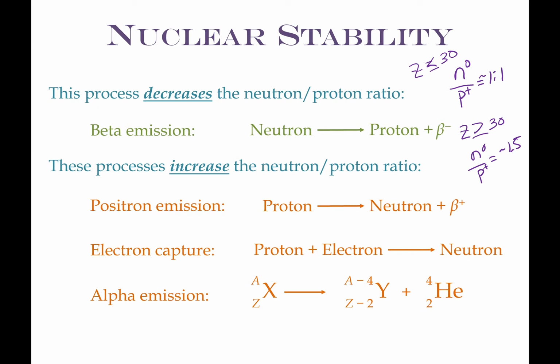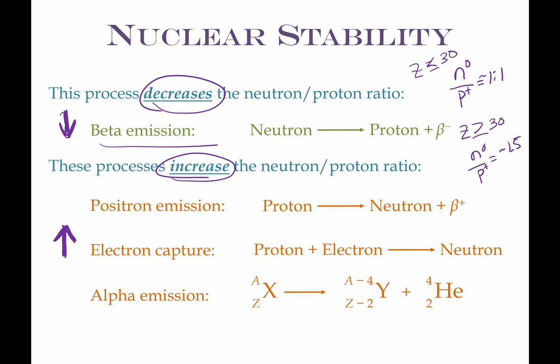So if we need to decrease and bring that ratio down closer to 1.5, beta emission is the only way to do that. If you need to increase and bring that ratio back up, you're going to need to do positron emission, electron capture, or alpha emission.